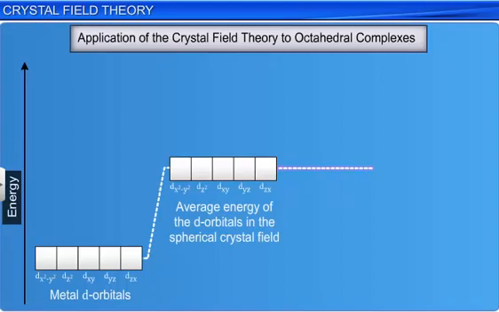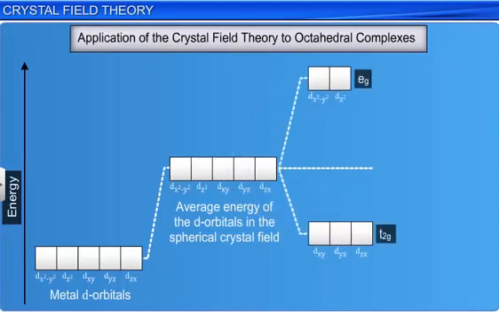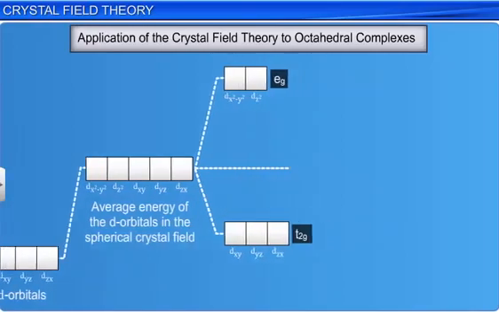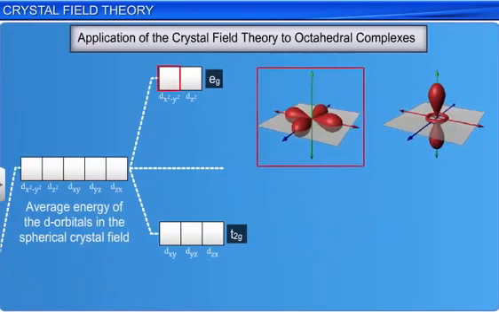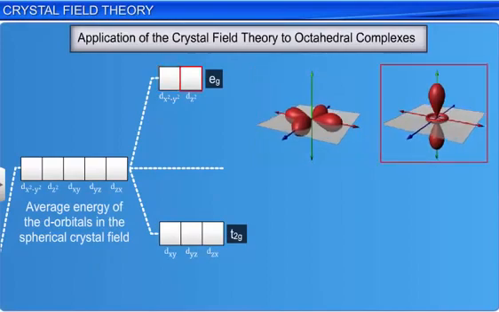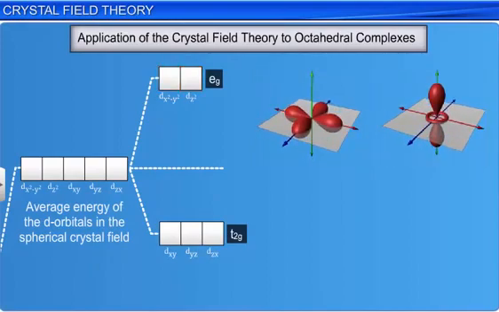However, out of the 5 d orbitals, 2, that is, the dx square minus y square and dz square orbitals, which are collectively known as the Eg set of orbitals, are oriented along the axes towards the direction of the ligands.